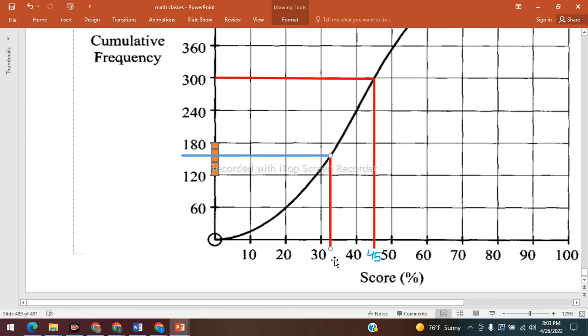If we had to do 35, 35 would be right here, right? Just by eyeballing it. So if this is 35, this must be 33, because then you have 34, 35, 32.